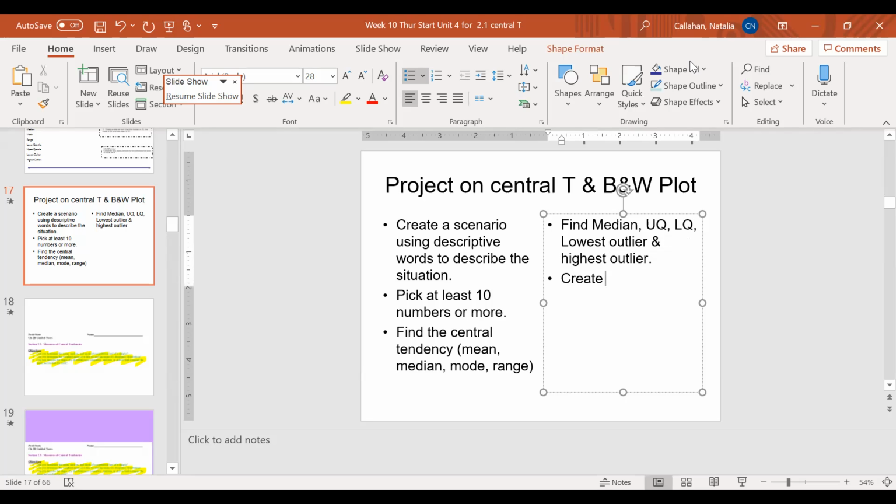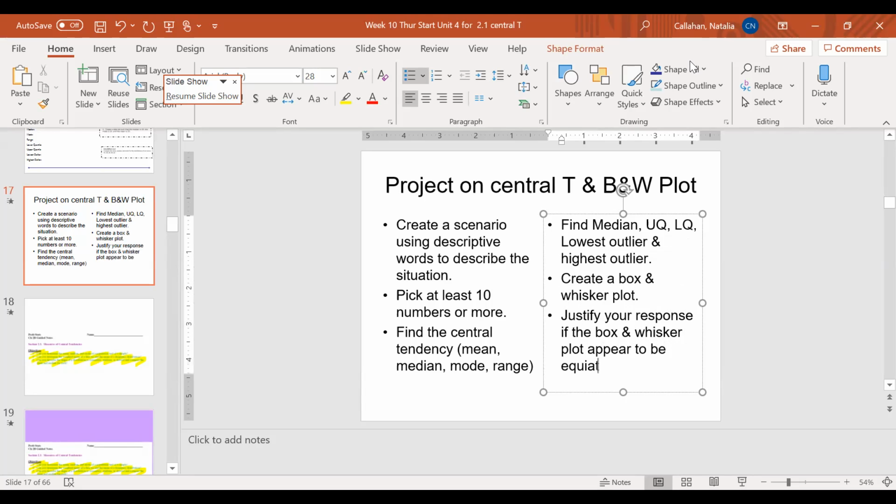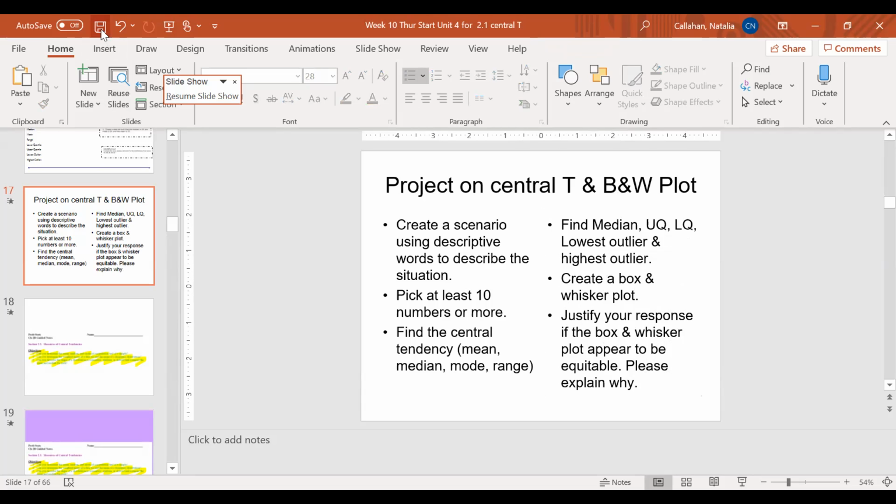And then from there, create a box and whisker plot. Then afterwards, I want you to justify your response if the box and whisker plot appears to be equitable. Please explain why. Okay, so I'm going to have you guys do this on a separate piece of paper, and make sure you turn this in when you are done.